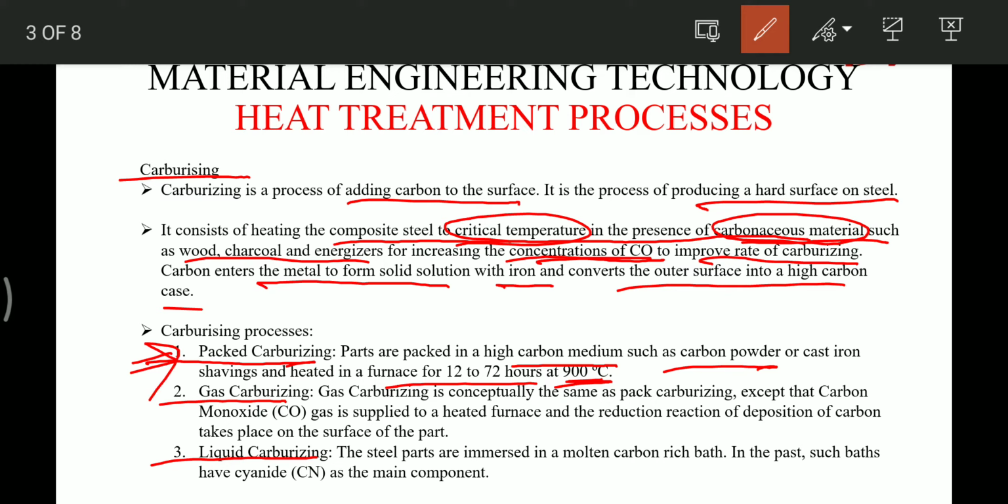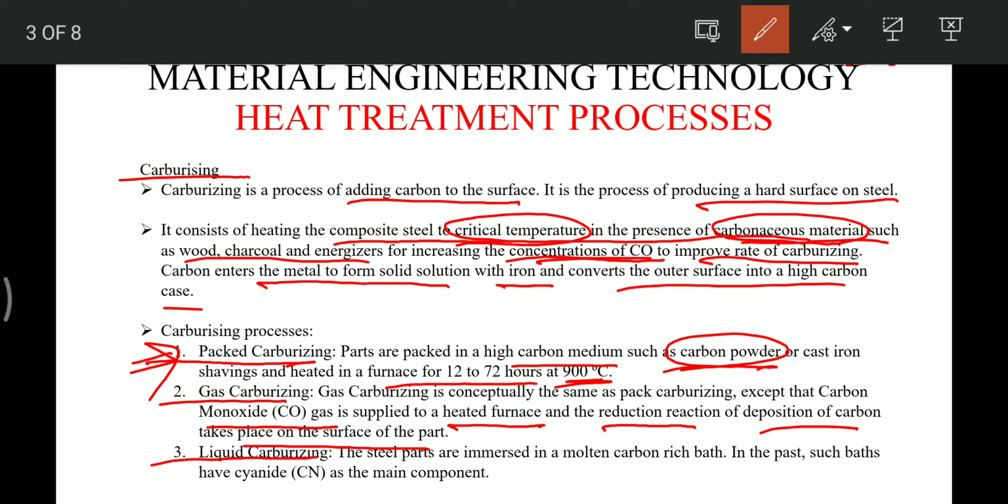In the second method, the process is almost the same, but instead of using carbon powders, we directly provide carbon monoxide gas to the heated furnace. Over there the reduction reaction takes place, and deposition of carbon takes place at the surface.